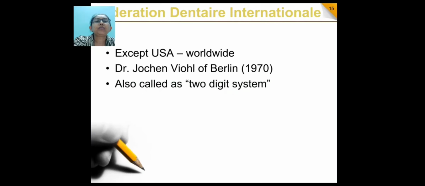Later, there was the Federation Dentaire International, which came up with a 2-digit system. This was basically developed by Jochen Weil of Berlin in 1970. This was accepted worldwide except for the USA.